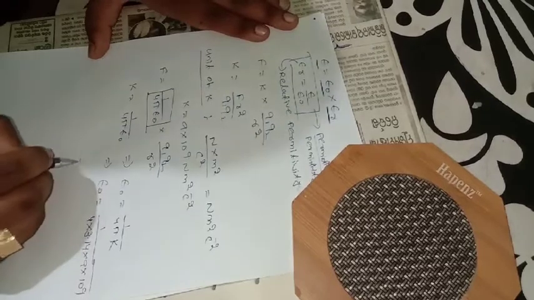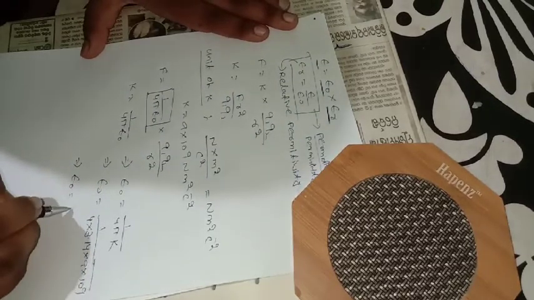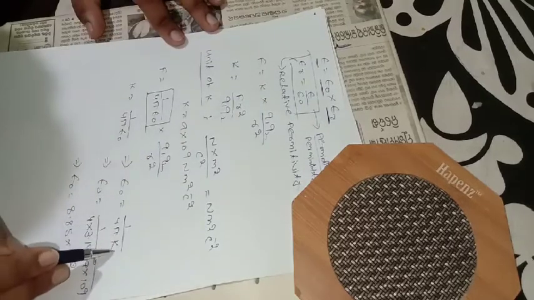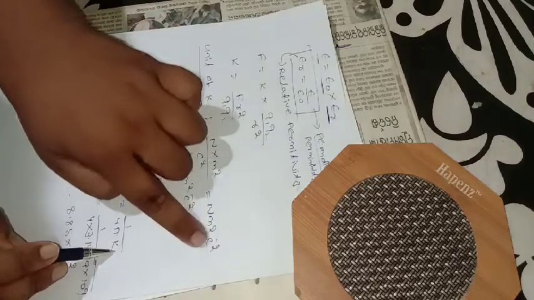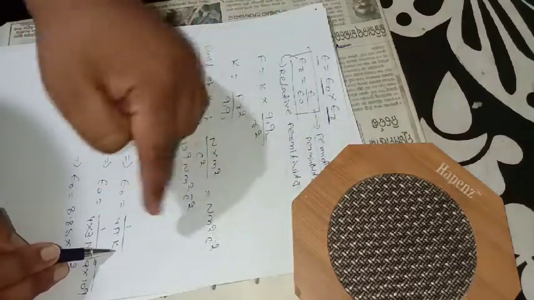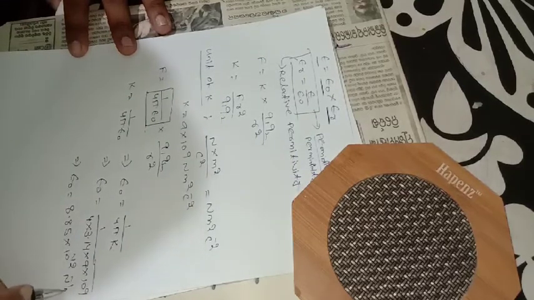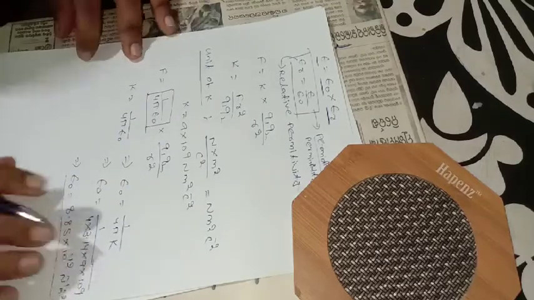If you solve, you will get epsilon 0 is equal to 8.85 into 10 to the power minus 12, the unit is 1 by this. So 4 pi is a constant quantity, and K has unit Newton meter square Coulomb minus 2. If you take it to the numerator, Newton becomes Newton inverse, meter becomes meter minus 2, Coulomb square. So that is the value we have to remember.